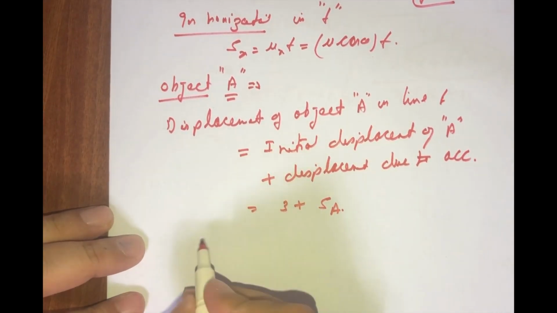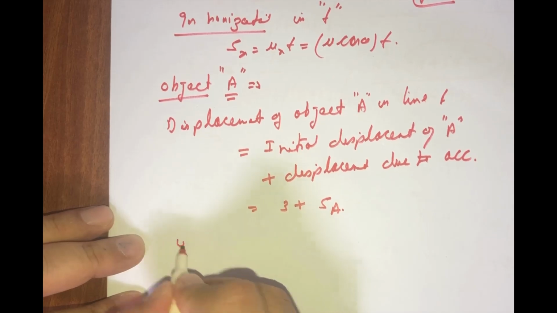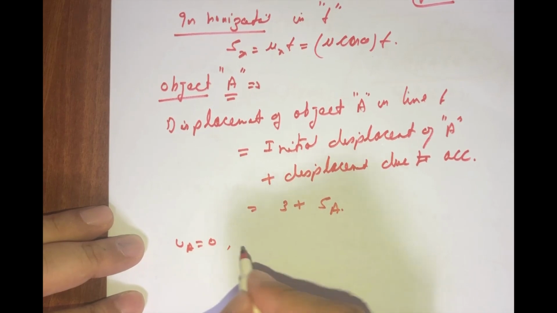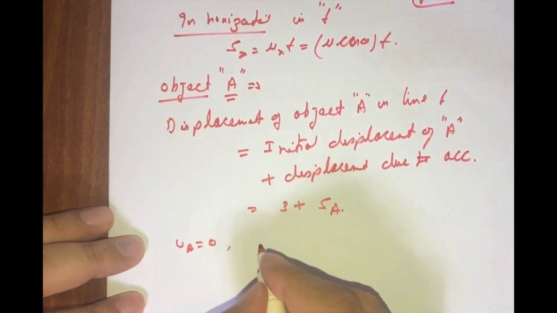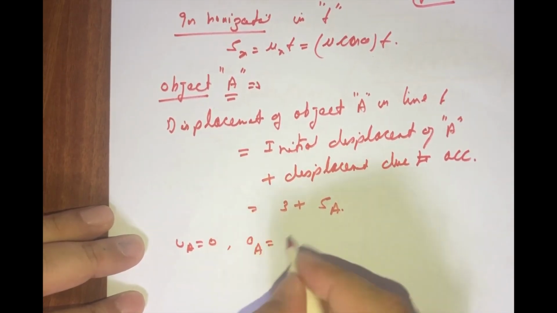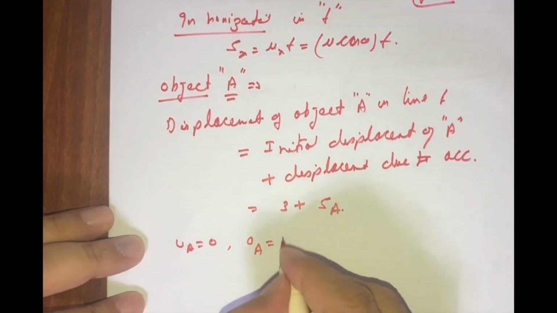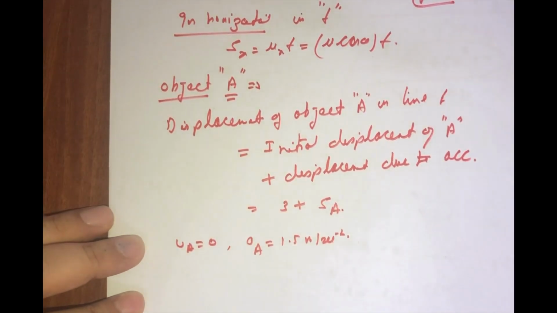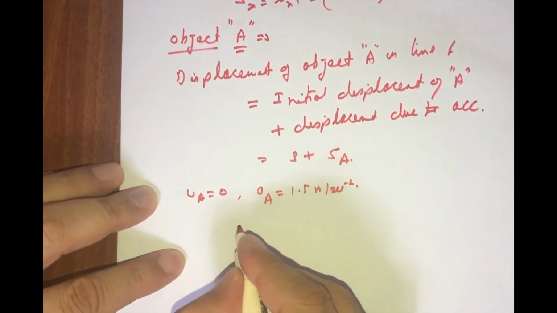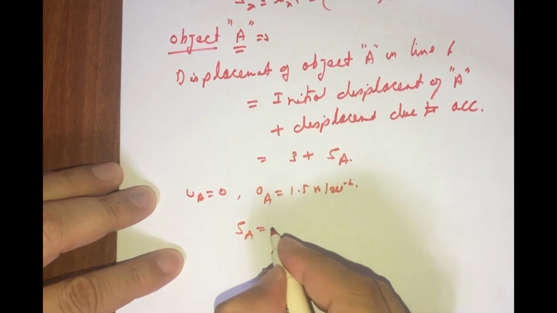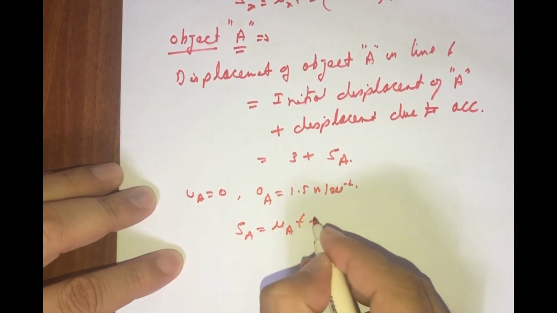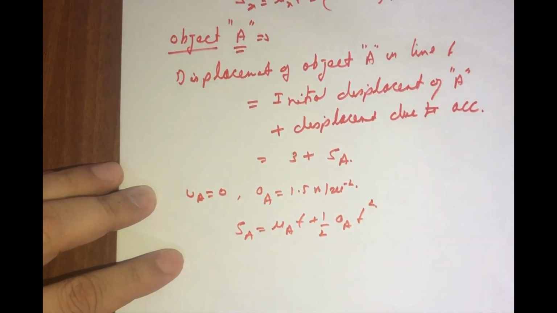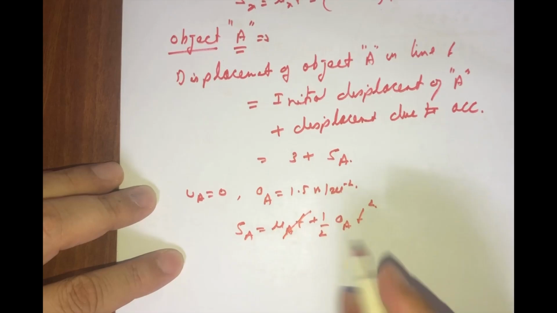So initially the object was at rest, so we can say that initial velocity of the object is 0, and acceleration of the object is a of A, which is given as 1.5 meter per second square. So we can find out the distance S A will be equal to u A t plus 1/2 a t square. So this will be 0.